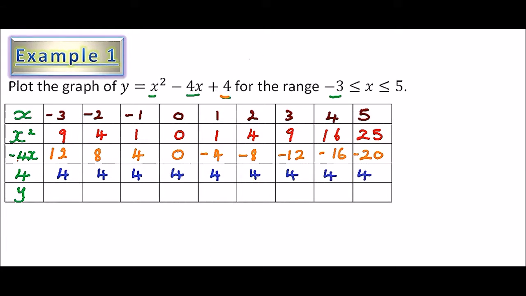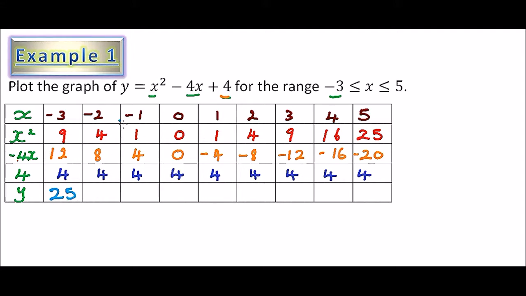So having those values, we now have the value of y. Since we have been given x squared minus 4x plus 4, we say 9 plus 12 is 21, plus 4, we get 25.